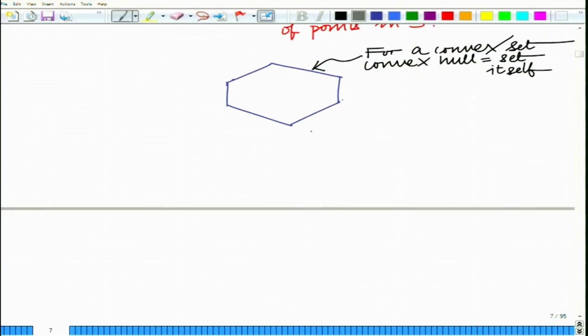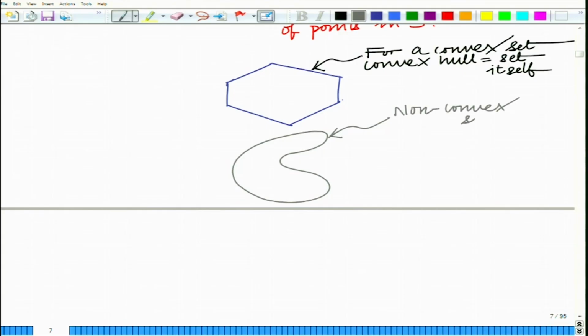For a non-convex set such as this kind of region that we look at, for a non-convex set, the convex hull simply fills this region to make it a convex set. So, the earlier one is a non-convex set.